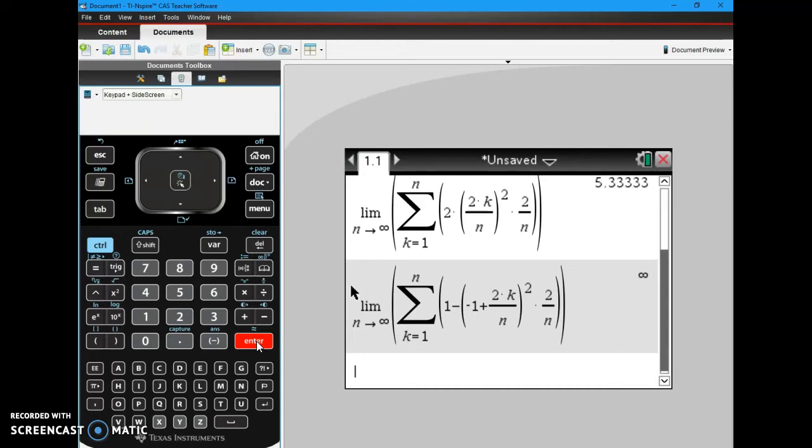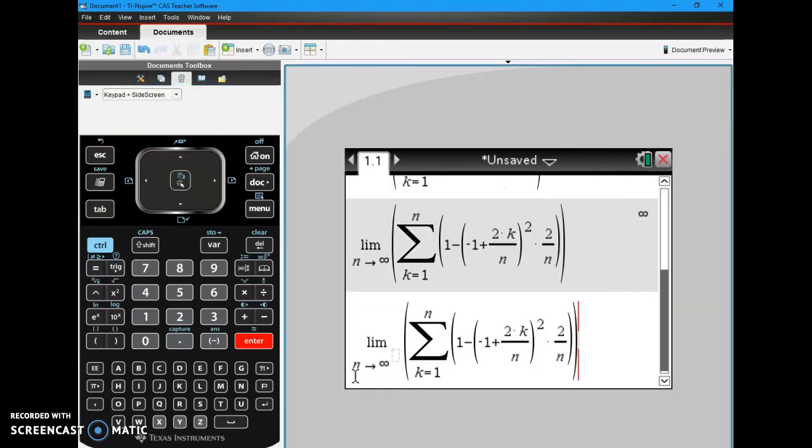So let me double check. Okay. I have the limit as n goes to infinity, k equals 1, n times 1 minus 2k over n minus 1, and that's being squared. Oh, you know what? You see that 2 over n? I think I have it only times the squared, and that's not right. So I copied and pasted.